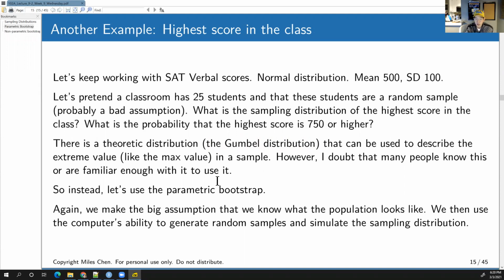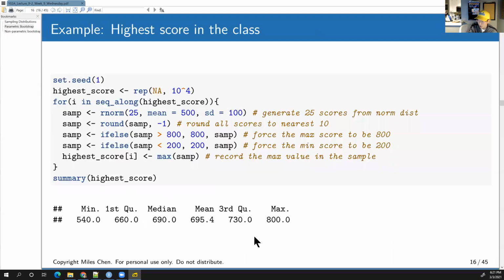So again, we're just going to get an approximate answer by using a parametric bootstrap, which comes from assuming that the population looks a certain way. We're going to use the computer's ability to generate random samples to simulate the sampling distribution. So here, I create a vector for the highest score.